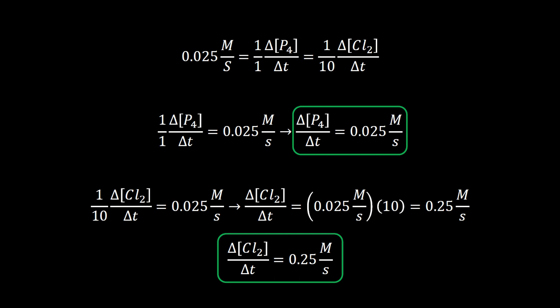All right, so that would be how to get the two relative rates of change for P4 and Cl2 based off of the other one we were given.